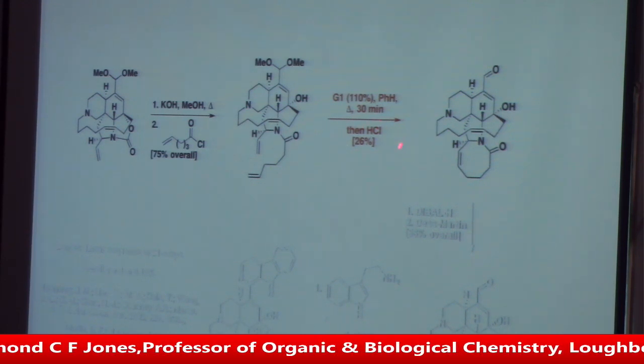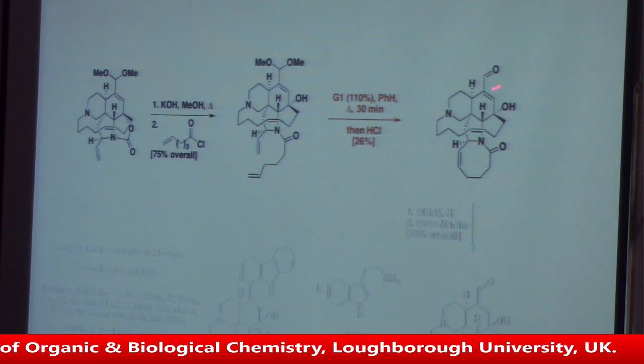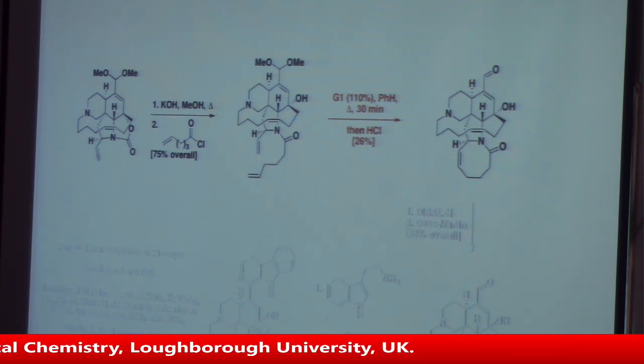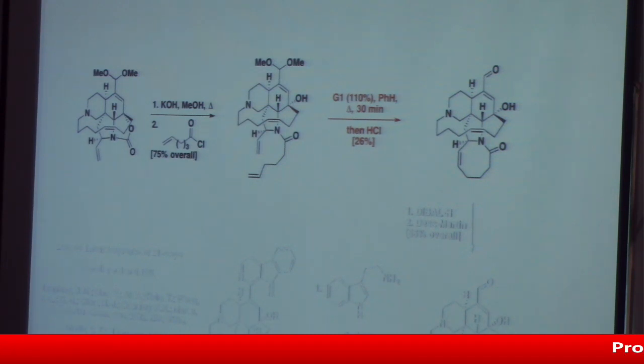That was followed by an acidic workup, which is just to remove the protecting group from the aldehyde at the very top, because now everything is ready. This is essentially the full bottom half of one of the natural products.